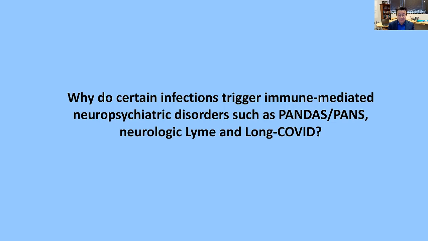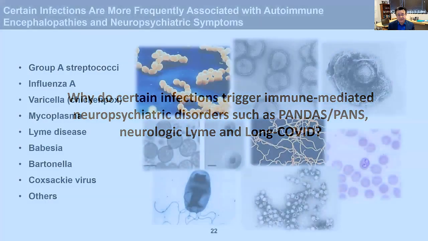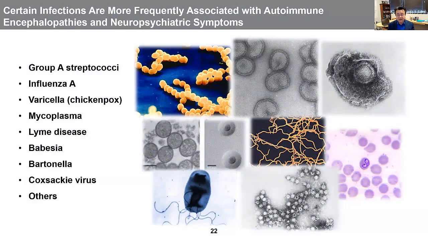I shared with you one of the processes, but what is it about them that actually triggers this? We do find, not only in our studies, but also in others and what people are seeing who take care of these patients, there's a list of bad actors that typically show up.